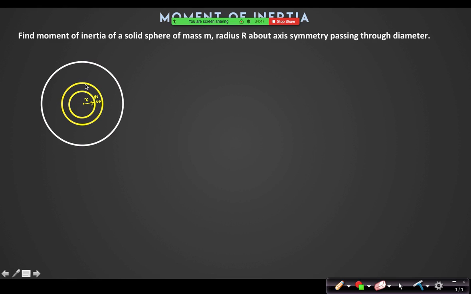Suppose this is a concentric shell of radius r and thickness dr. So if I integrate such shells from 0 to capital R, can I find a sphere? Yes or no? If I integrate such shells from 0 to capital R, we'll get a solid sphere. Have you got the answer?